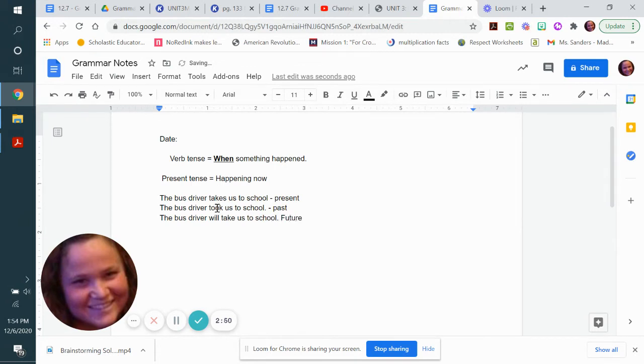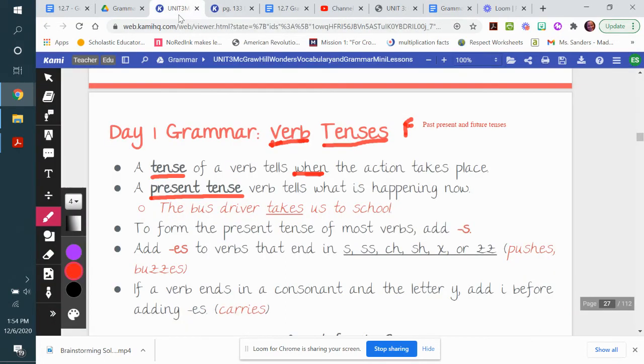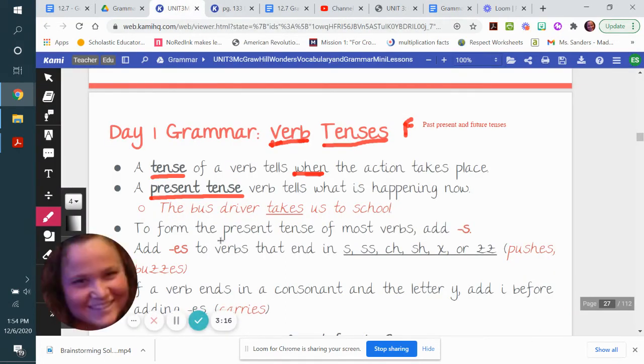All right, so that being said, we are going to focus on the present tense of verbs today. Now, to take is the verb that we use there. And you'll notice that we just added an S to the end of it in order to make it present, which is exactly what the next little sentence tells us to do.